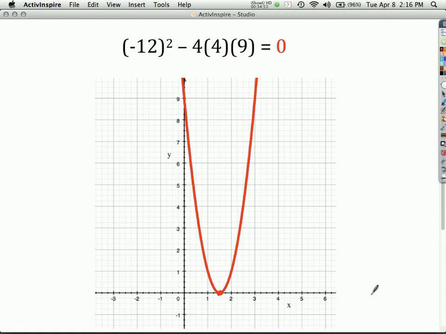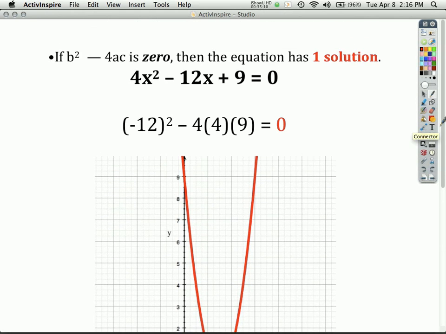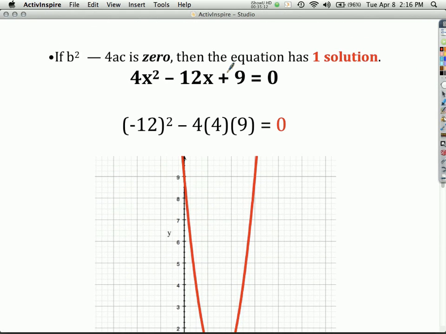Yes? But I thought the C, it wasn't +9? Yeah. But it's only on the x-axis, so wouldn't the C have to equal 0 then? Nope. You're getting confused between if there's a middle term or there's not a middle term. The middle term also impacts where it is. This is actually the y-intercept.